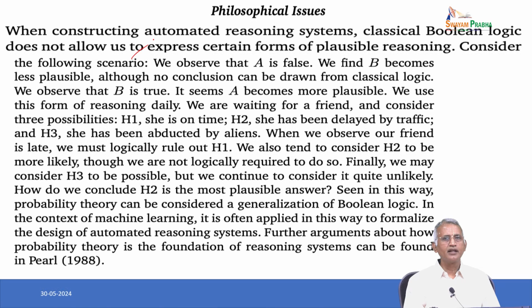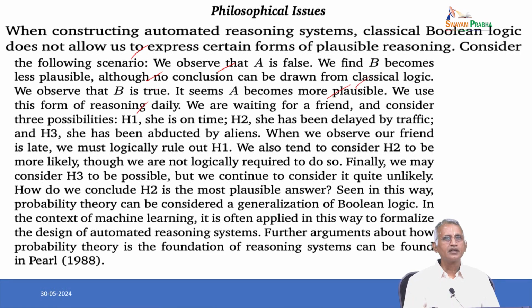We observe that A is false, so we find B becomes less plausible, although no conclusion can be drawn from classical logic. If we observe that B is true, it seems A becomes more plausible. We use this form of reasoning daily, for example when we are waiting for a friend and consider the possibilities.